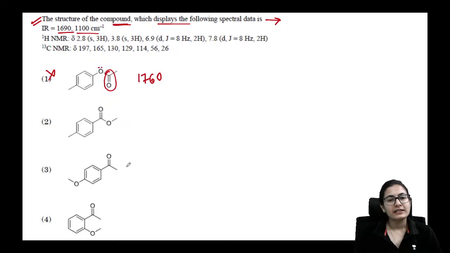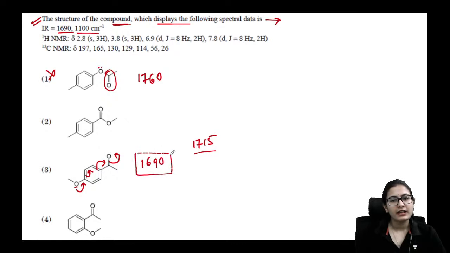Yes, this is not an ester at all, and this is an extensively conjugated ketone, which means it is going to be very much less than the normal value for a ketone, which is around 1715. Now this has a lot of resonance, so this could be 1690. Yes.